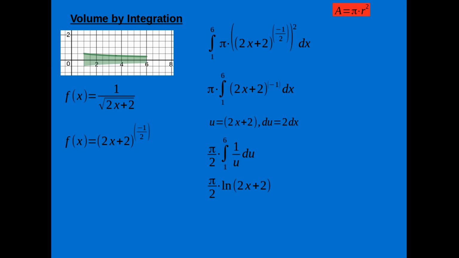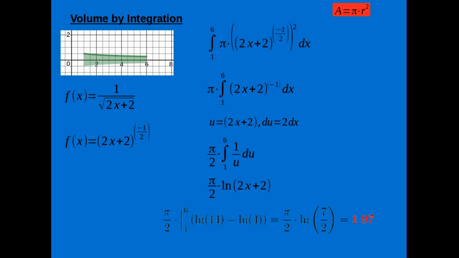And so 1 over u will become the natural log. So then we get pi over 2 times the log, replacing the u back, undoing the u substitution, of 2x plus 2. Now we need to evaluate that. So we have pi over 2. Evaluating from 1 to 6 means that we're plugging in 6 and then 1 into 2x plus 2 in the natural log, which gives us the log of 14 minus the log of 4.